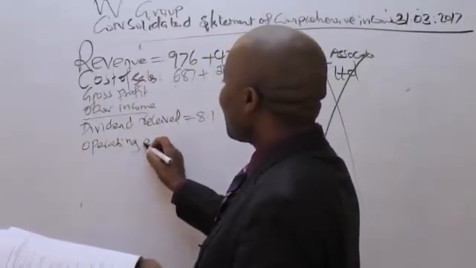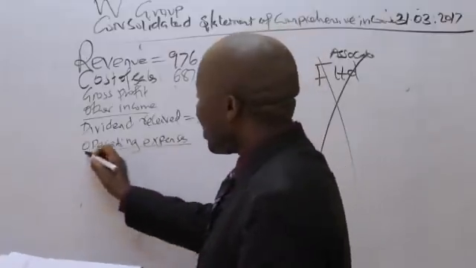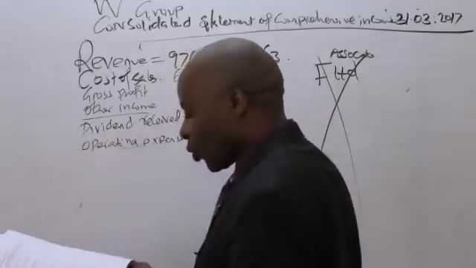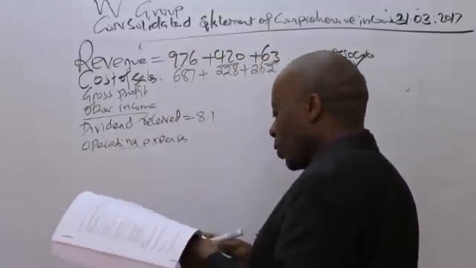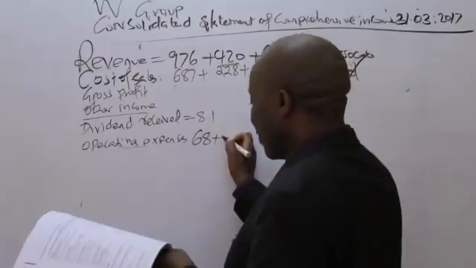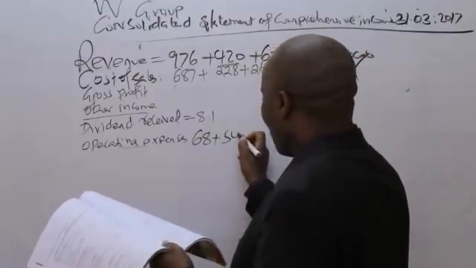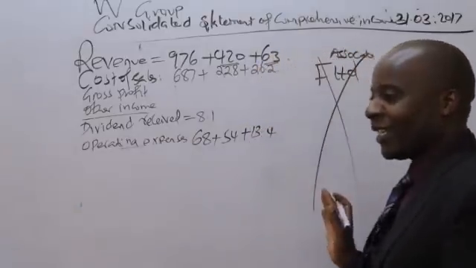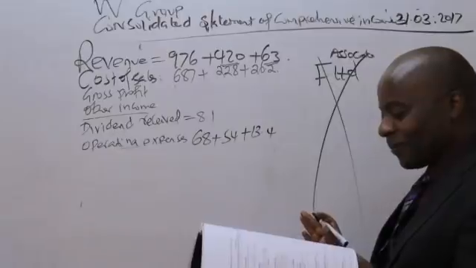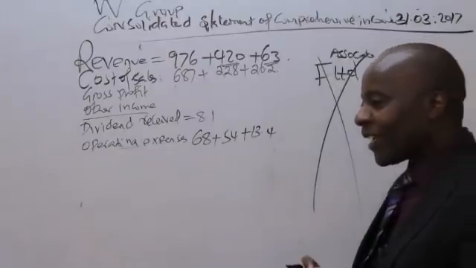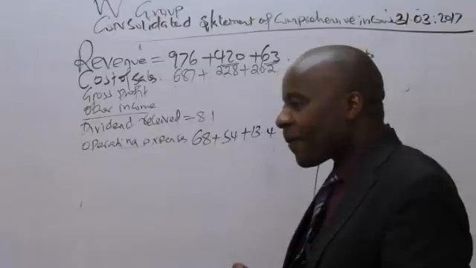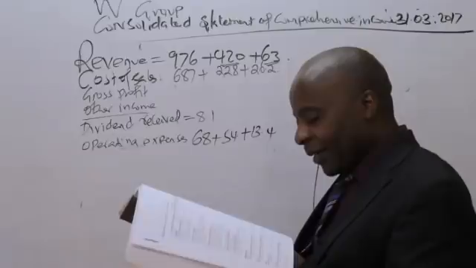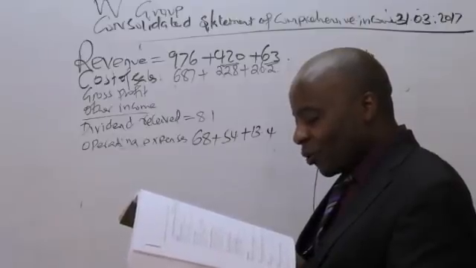Operating expenses, what do we have there? Just consolidate them because they've been given line by line. So we have 68 plus 54 plus 13.4. Don't take your calculator yet. Other income is 6.1.